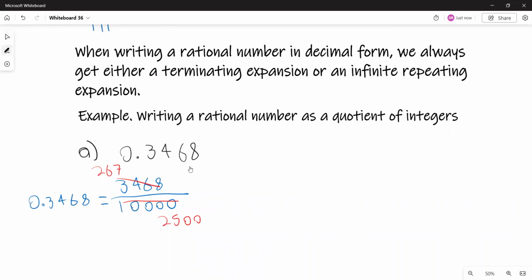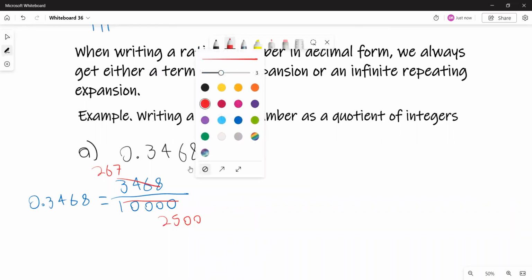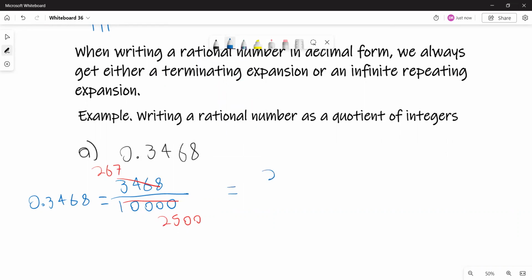Okay, so far we have 867 over 2,500. The question is, can we simplify this even further?